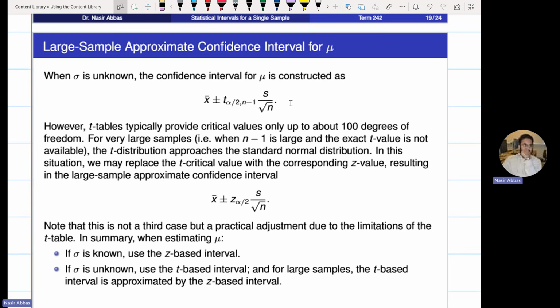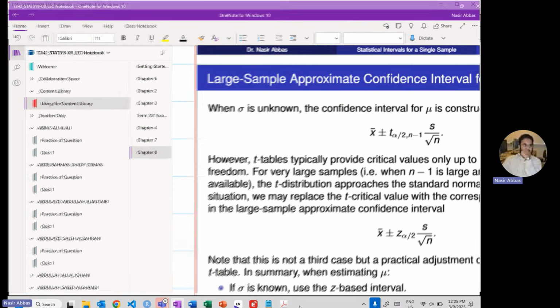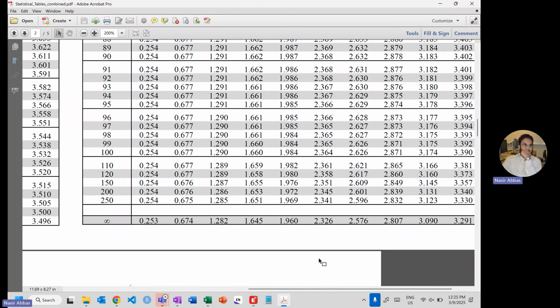So look at the last row in the t table. This one is against v equals infinity. These are critical values from the z table, if you remember. You remember this 1.96? This is against the 95% confidence interval.